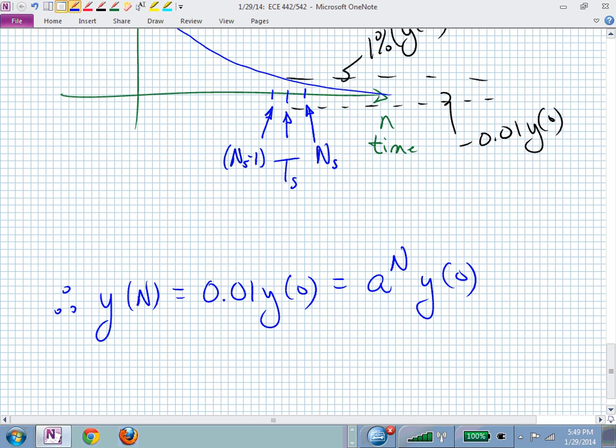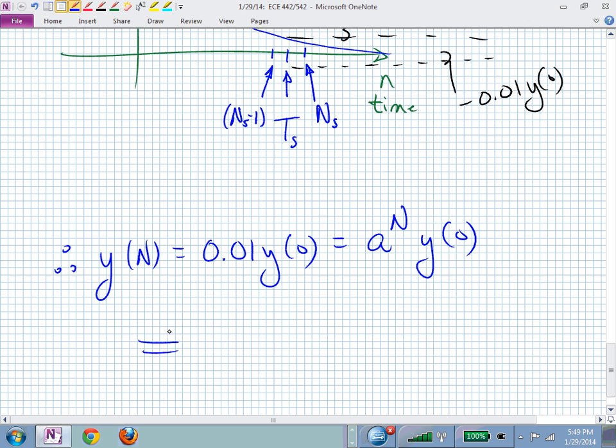And if y of 0 is non-zero, we can divide it out on both sides and end up with 0.01 equaling a to the N. And if we know little a, the only unknown in that is capital N. And this is why we learned our logarithms, right?